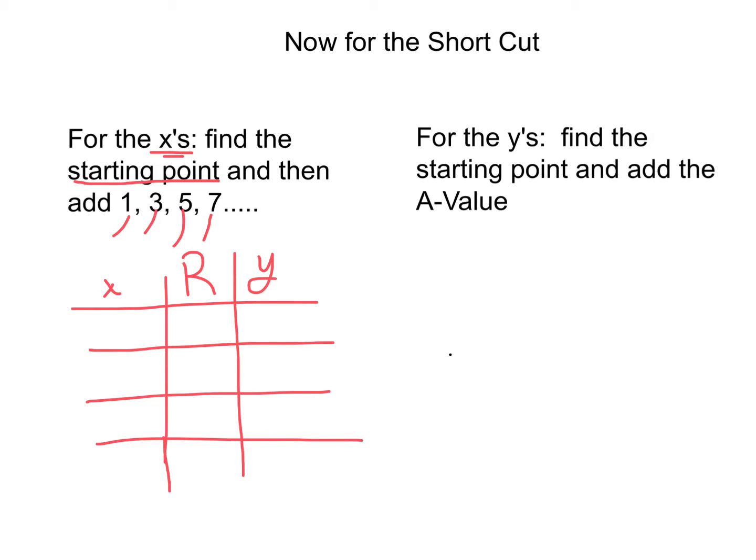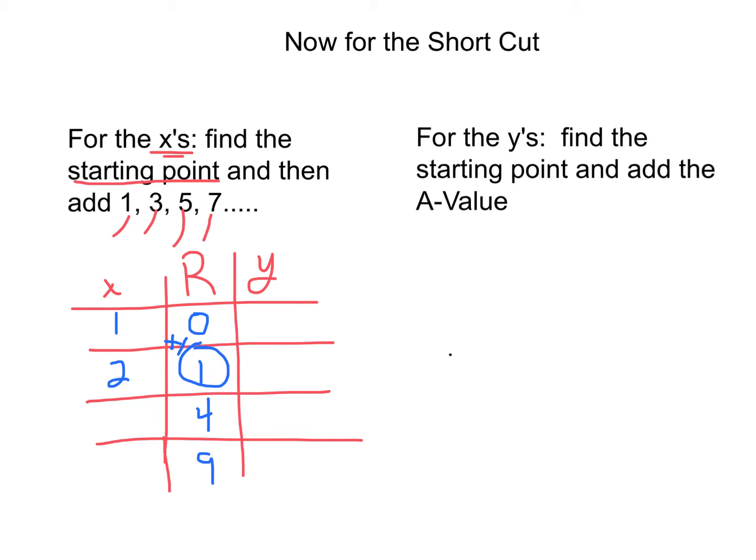Let's say we had a starting point of 1 for our x. From here, the radicals we wanted were 1, 4, 9. Now, there's technically a 0 here. If I add 1, I get to the 1. And 1 plus 1 is 2.